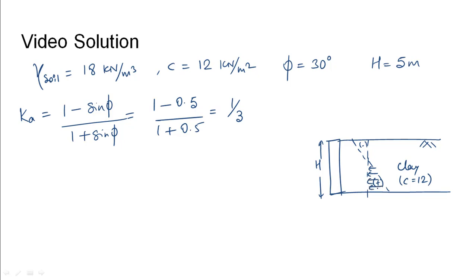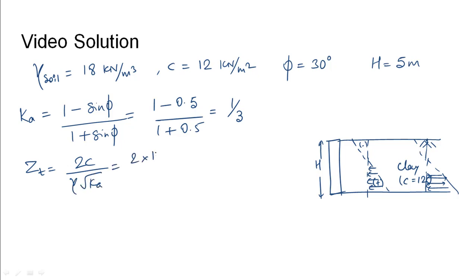In case we assume that contact loss did not occur, for that we remove the negative triangle, a small positive triangle of the same depth, and then only the bottom trapezium is considered for those cases. So the depth of tension crack in this case will be 2c by gamma root Ka.